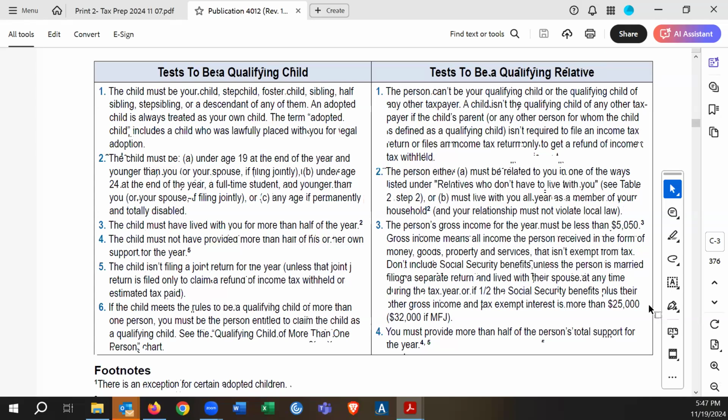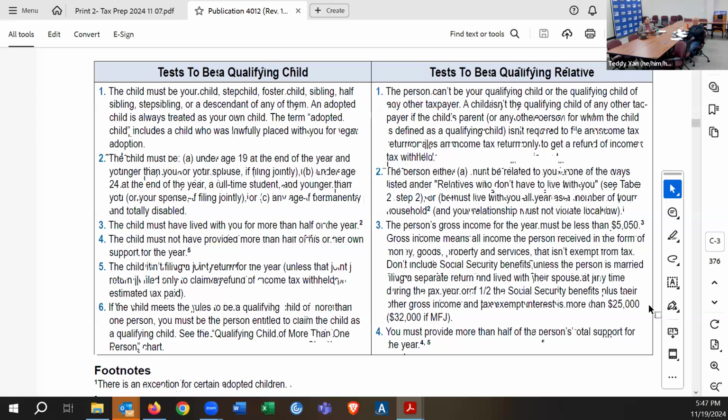Yep. So I arrived at this a different way because I didn't go to the 4012. I just went on TaxSlayer. And TaxSlayer said, it's usually 4,700, but 5,050 is the number, obviously. That was the number 2 years ago too. Yep. But it said if this person earned more, you can't claim this person as a dependent. So if I were to go the route without the 4012, I would come up with a different answer.